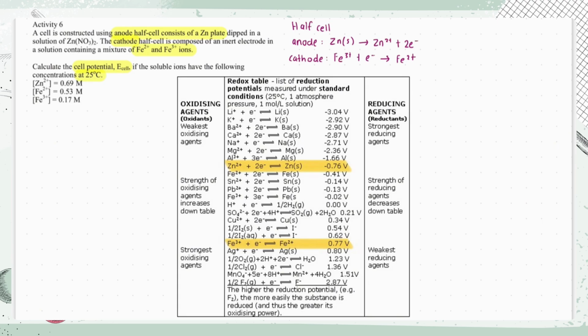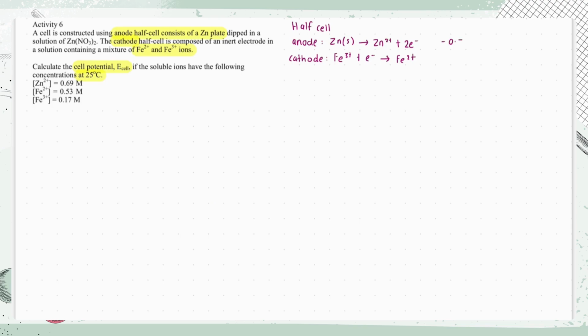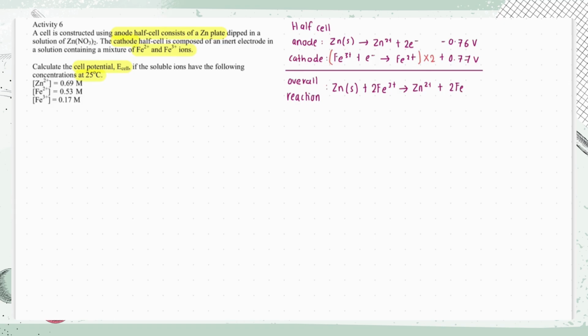Based on the table, for the anode, the value is negative 0.76 volt, and for the cathode, the value is positive 0.77 volt. For the overall reaction, we need to multiply the cathode half reaction by 2 because the zinc reaction involves 2 electrons. This ensures the number of electrons gained equals the number of electrons lost.